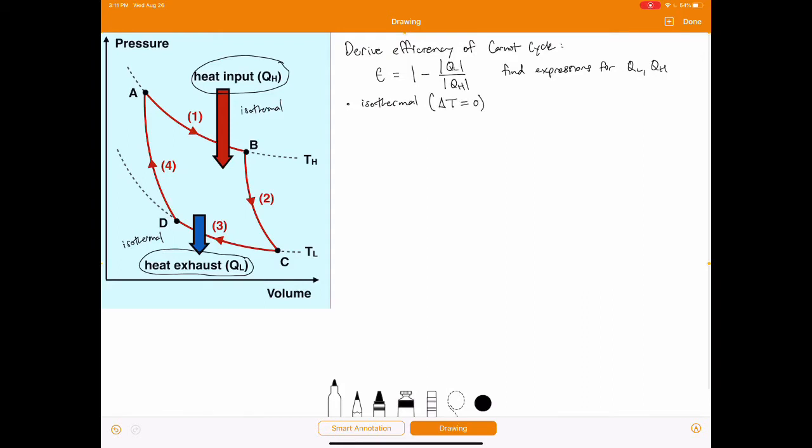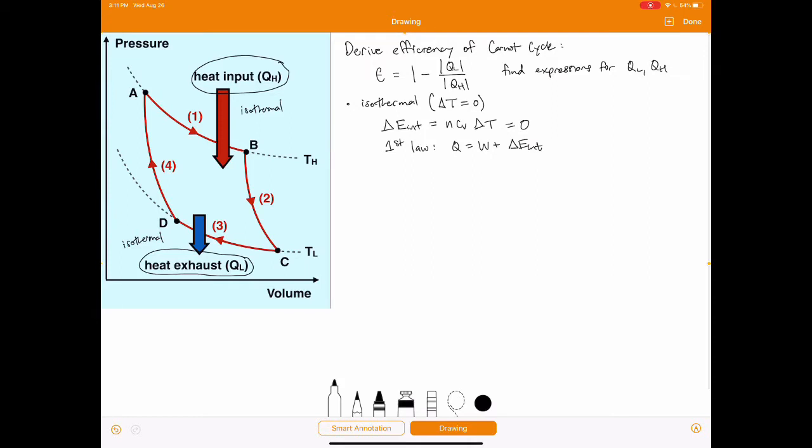So the first thing we can say about an isothermal process is that since delta E internal, the change in internal energy, is given by n CV delta T, that will be 0, so no internal energy change. And the first law of thermodynamics, as we apply it to an ideal gas, is Q equals W plus delta E internal.